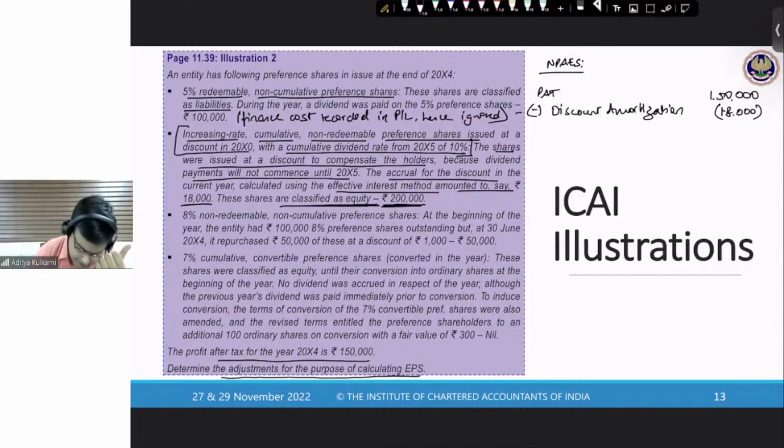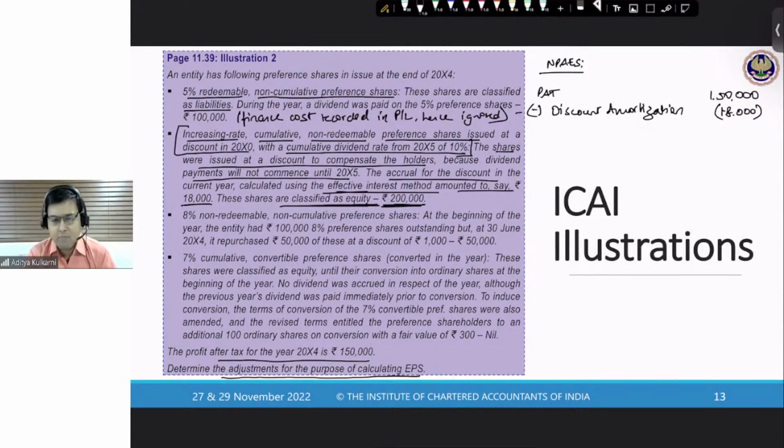So if anybody looks at this problem, they will see that on one hand you are saying equity, on the other hand you are saying discount is calculated using the effective interest method. Bhai, then how is this a mess? How can this happen? If it is equity, there cannot be effective interest method. If there is effective interest method, it should be a financial liability, not equity.